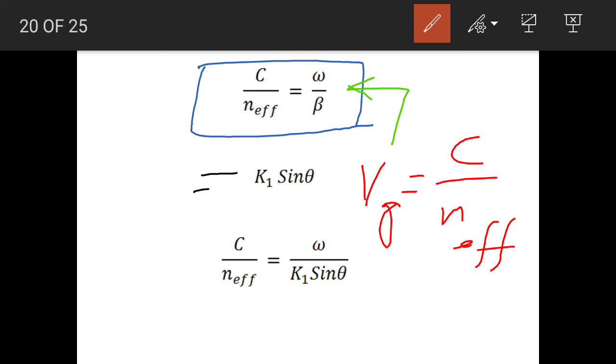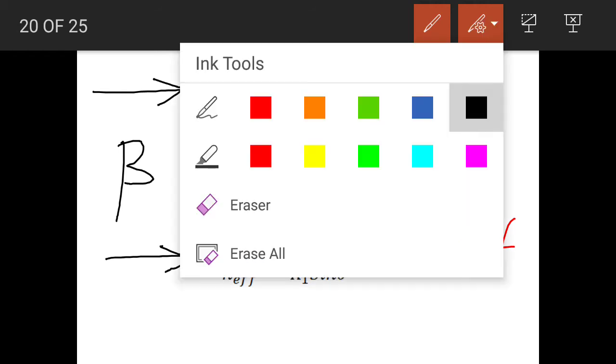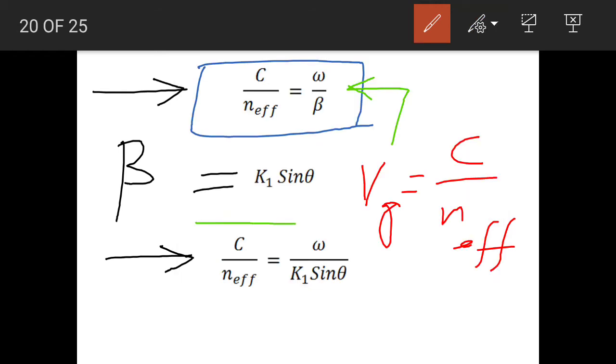So I put the value of beta in this equation, and I get C by N effective equal to omega by K1 sine theta. So we go to the next slide.